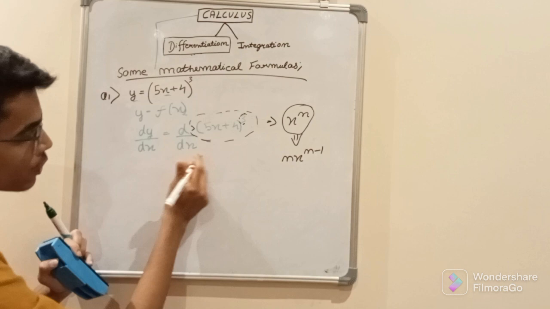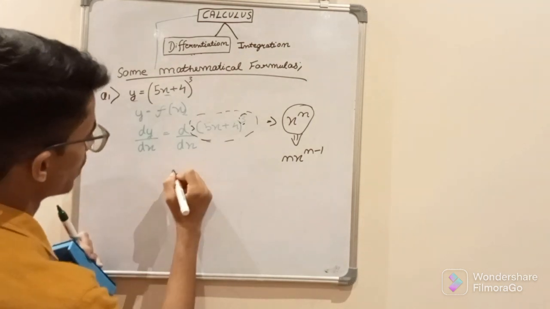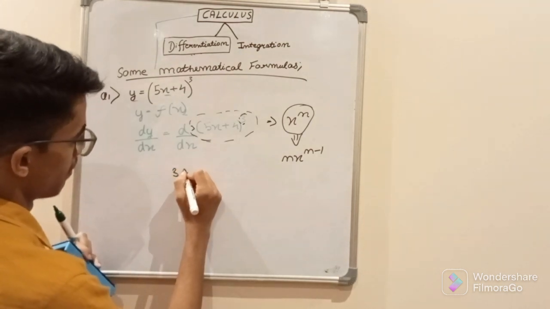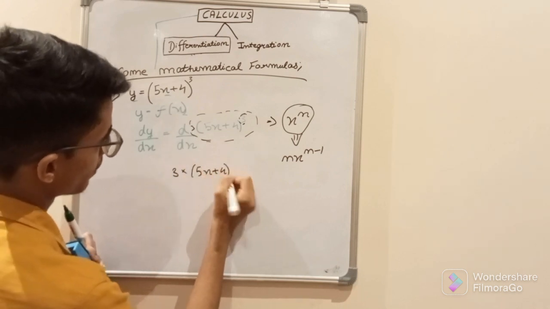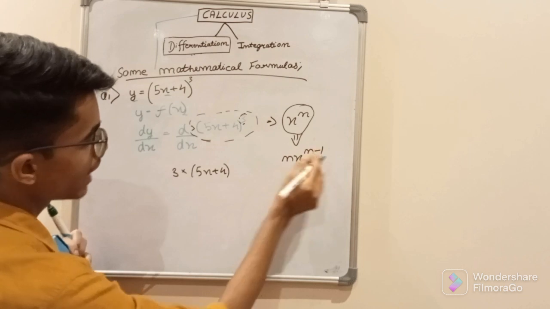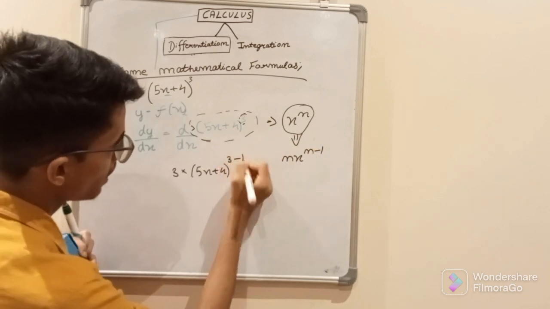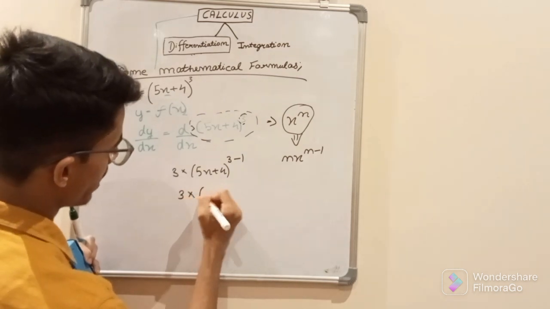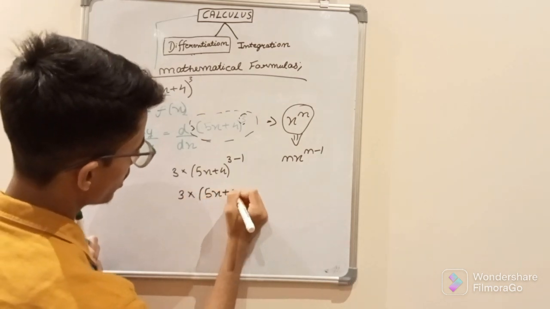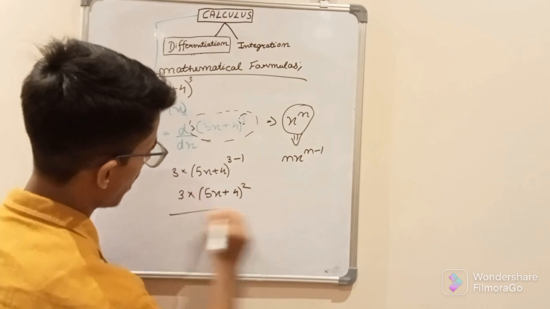Let's take this in the coefficient's place. So it will be 3 multiplied by 5x plus 4, and this is n minus 1, so 3 minus 1. We can write it as 3 multiplied by 5x plus 4 whole square.